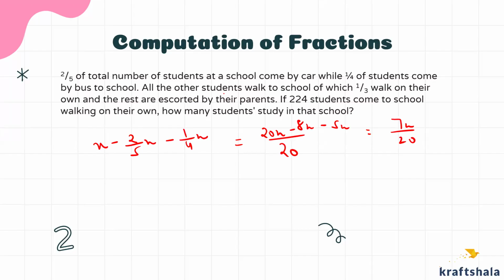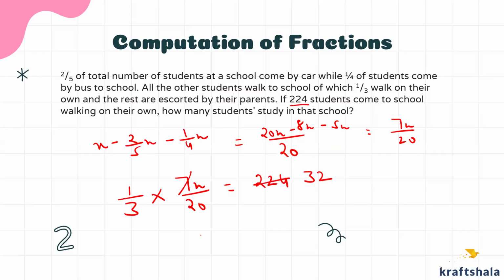Now all the other students, meaning these 7x by 20, walk to the school, of which 1/3 walk on their own. So 1/3 of 7x by 20 walk on their own, and its value is given as 224. We have to find the value of X.